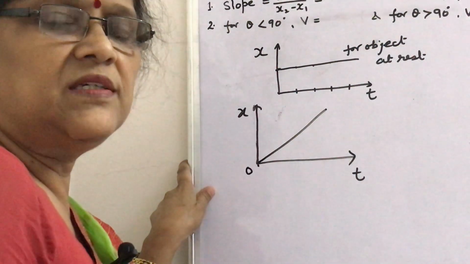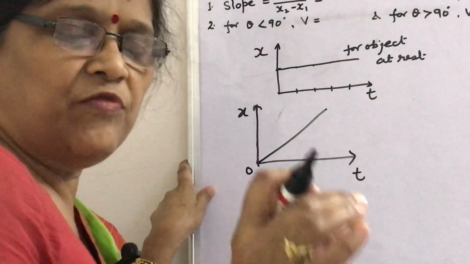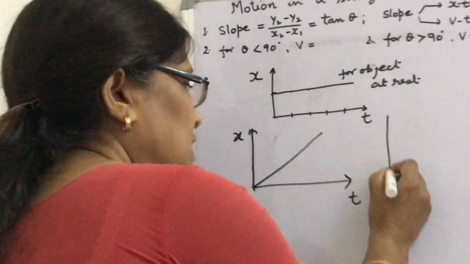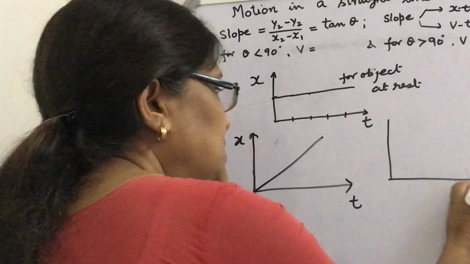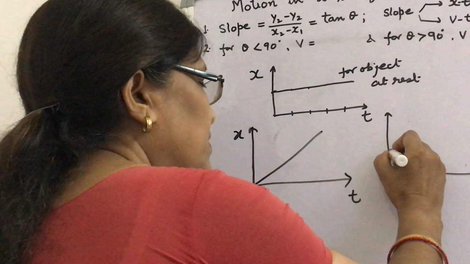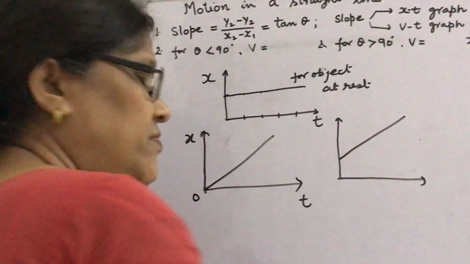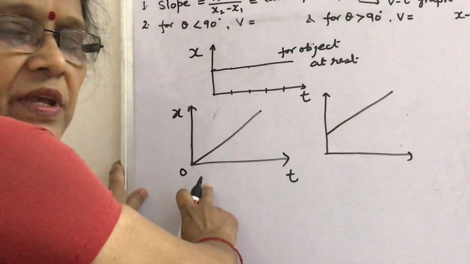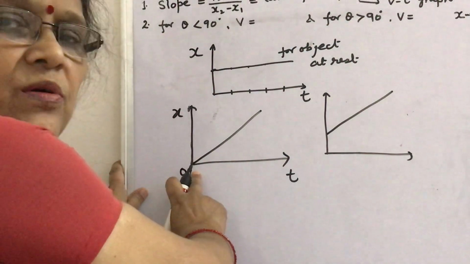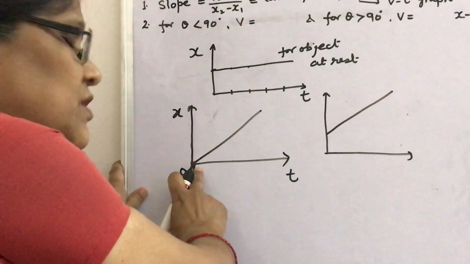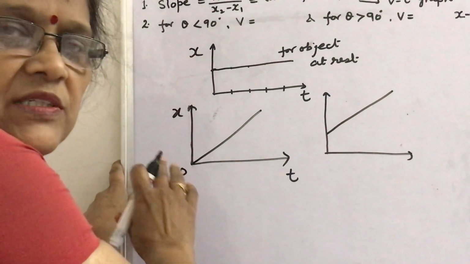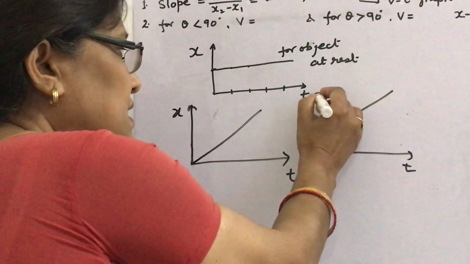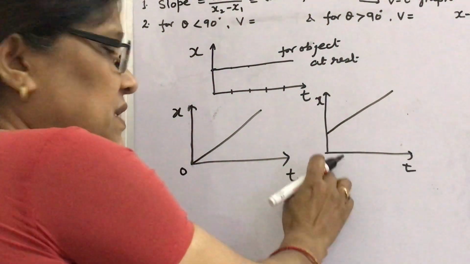If the motion starts from a certain value, with an initial velocity, from an initial position which is not the origin, then you will draw the graph like this. Here the object begins from the origin at time equal to 0, the object has not covered any distance, and in this case the object has covered a certain distance when the measurement starts.